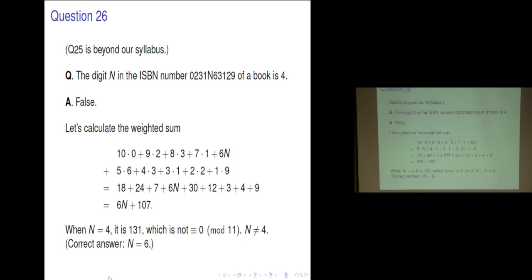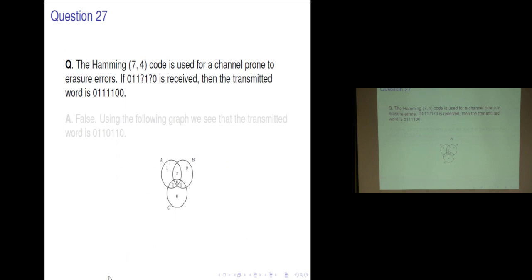That is not a multiple of 11, so the statement was wrong. Now, what is the correct number? Well, we can easily calculate. Actually, 6 is the correct number. When you plug in 6, you get a multiple of 11, 143. So it's quite easy.